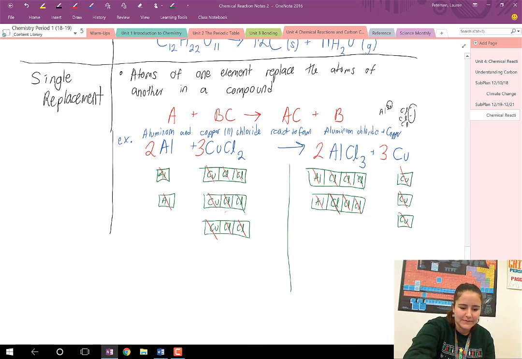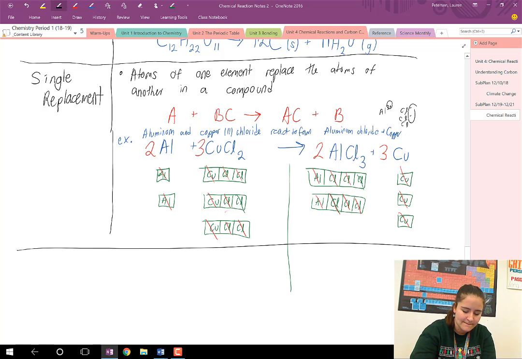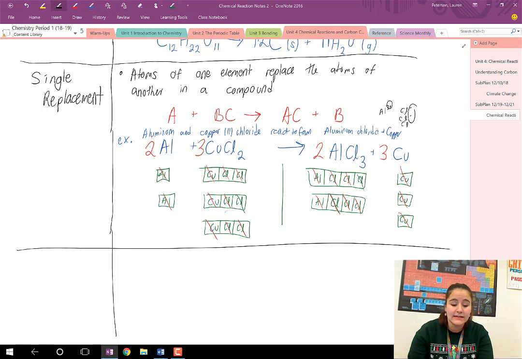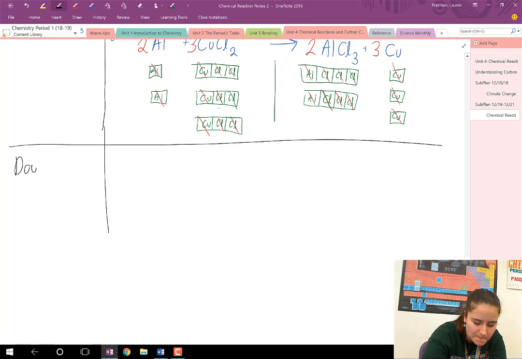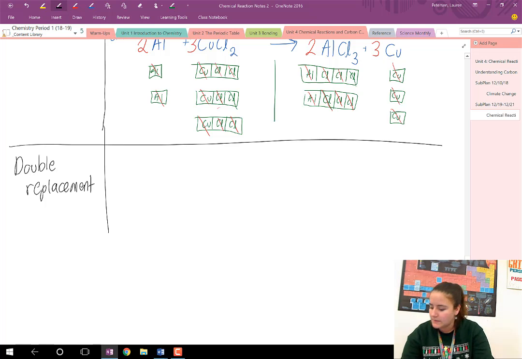Just 2 more types of reactions. So the next one is a double replacement. Okay, remember this one's white swap.